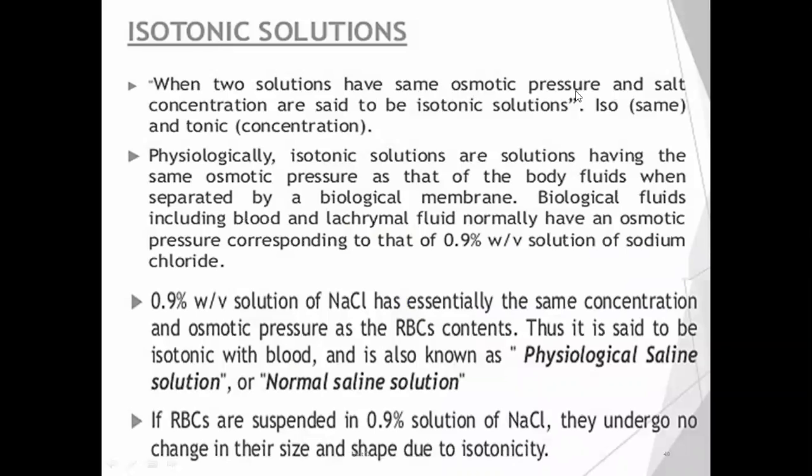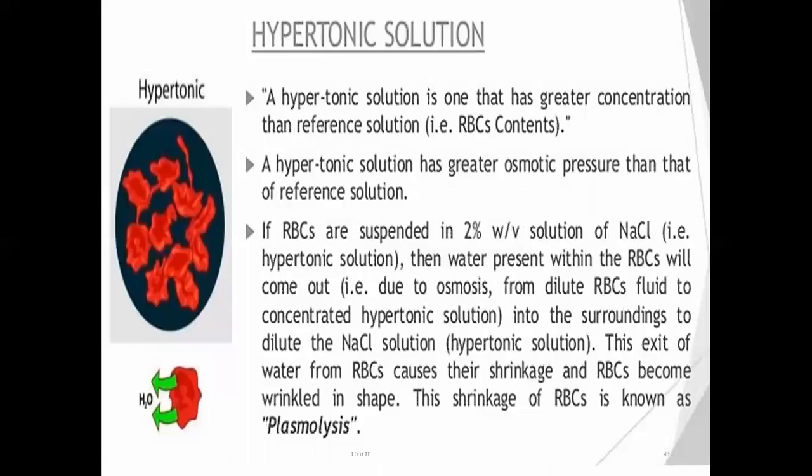So whenever two solutions have the same osmotic pressure, that solution is known as an isotonic solution. An example of this we have discussed already: 0.9% sodium chloride solution is known as an isotonic solution. It is also known as physiological saline solution or normal saline solution. This we have discussed in the morning class only.